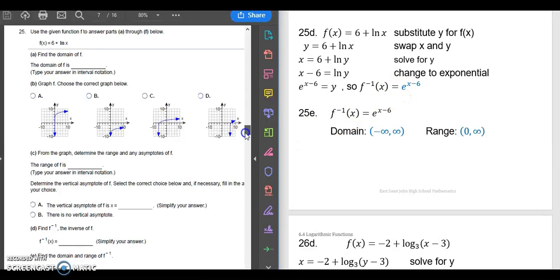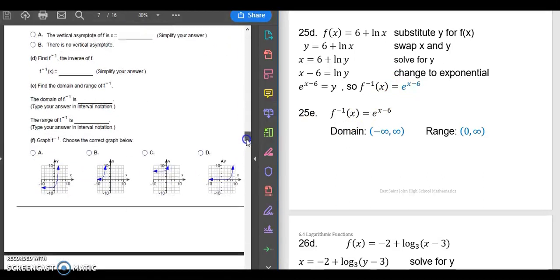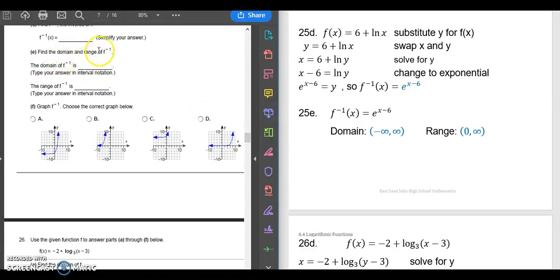Part E says to find the domain and range of our inverse function here. The domain of our inverse function, well, we see we have an exponential function. Once again, our domain of our exponentials is from negative infinity to positive infinity. And our range in this case, it doesn't have any vertical transformations, so it just goes from 0 to infinity.